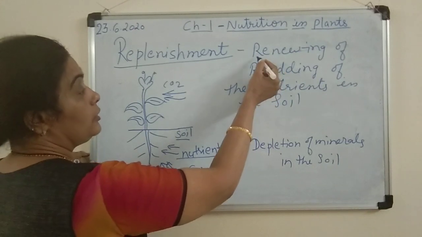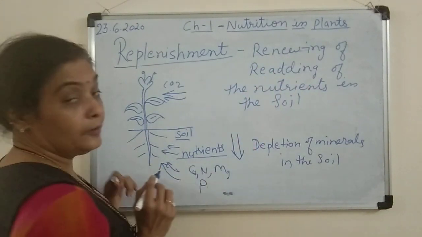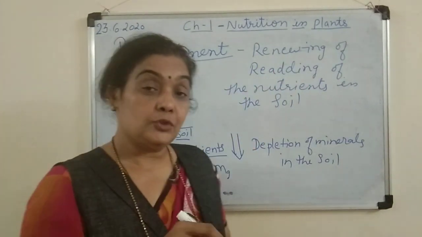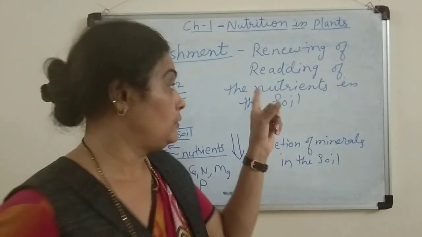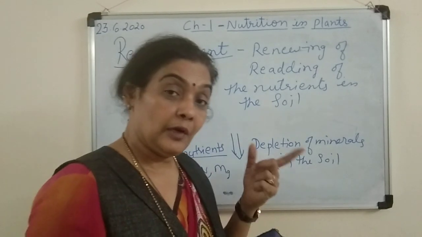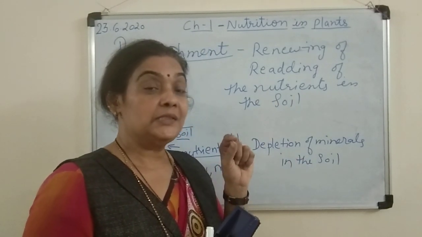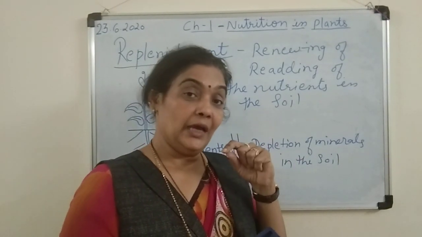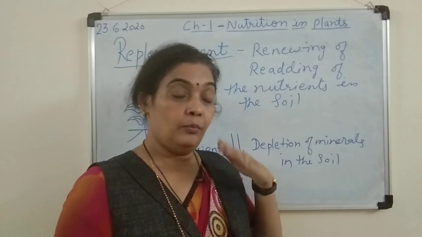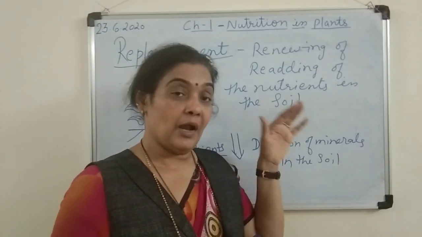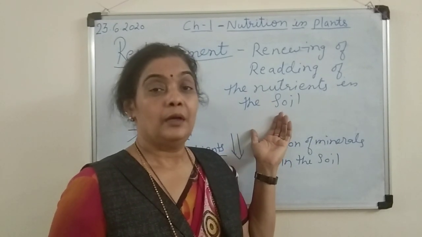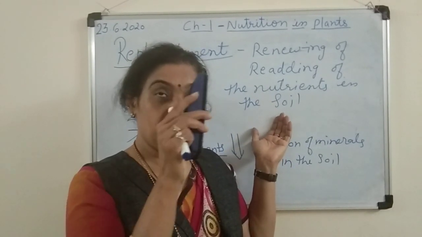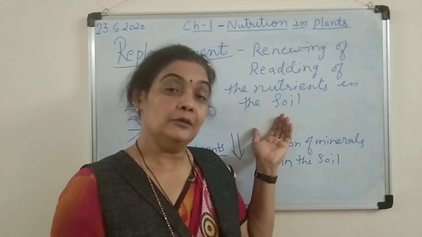How can we renew and re-add materials in the soil? There are two methods. First method, as I told just now, the symbiotic relationship. Pea plants have bacteria in their roots, and when we grow pea plants in the field, they fix atmospheric nitrogen in the soil.